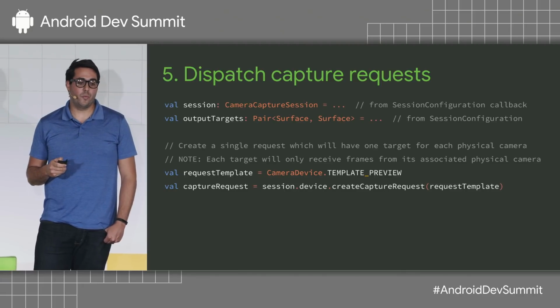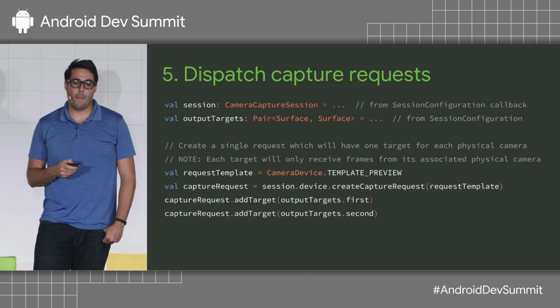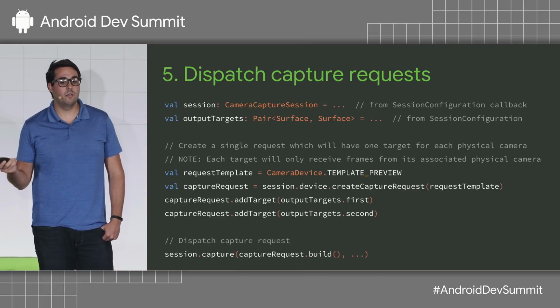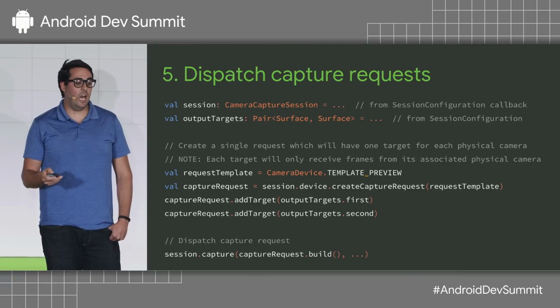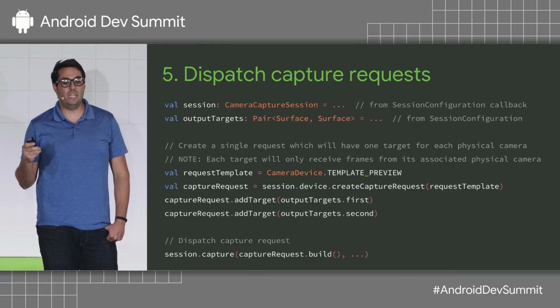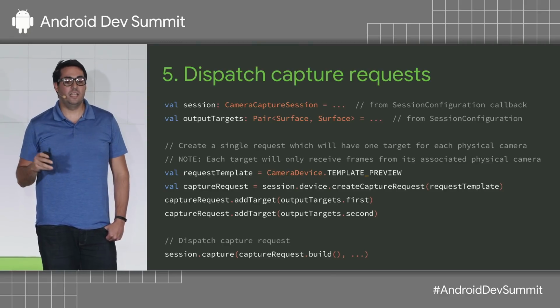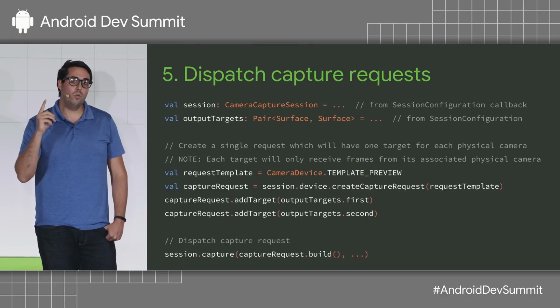We create the capture request like we normally do, in this case, using template preview. We attach the output targets to it, again, like we normally do. And now we dispatch the capture request. Nothing different here, except in this case, the output surfaces will receive image data from each of the associated physical cameras, and the capture request callback will trigger only once.